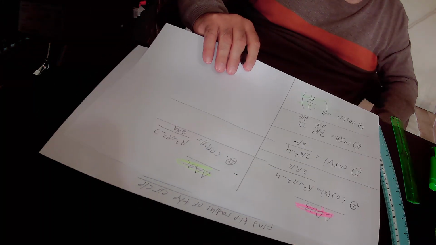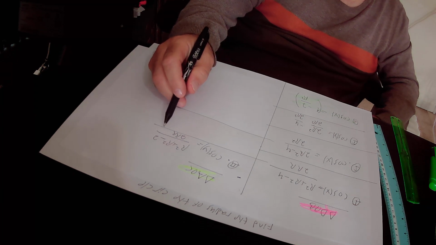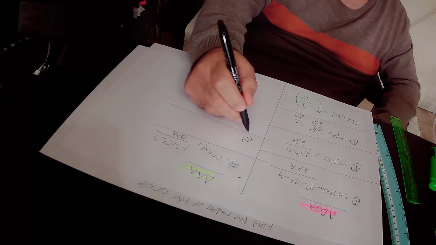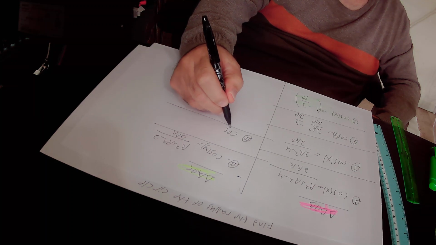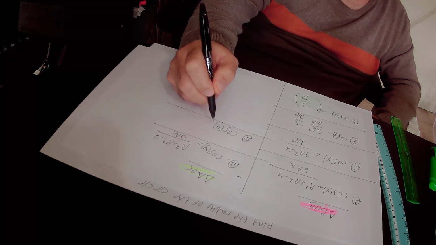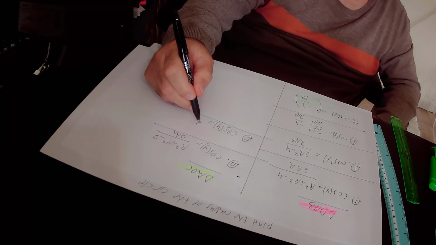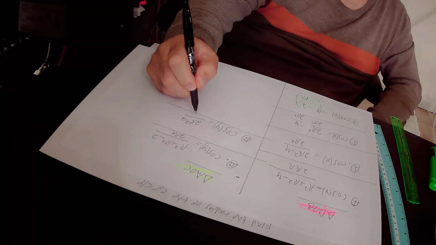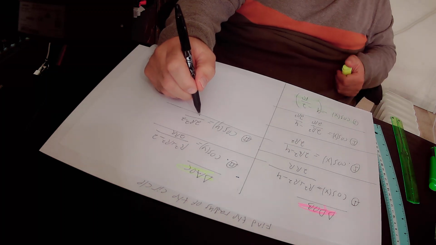So actually we found out that cosine y equals r squared plus r squared minus 2 over 2 times r times r. So cosine y, according to equation number 2, equals r squared plus r squared is 2r squared, minus 2 over 2r squared.